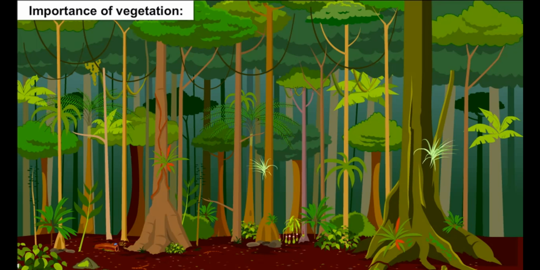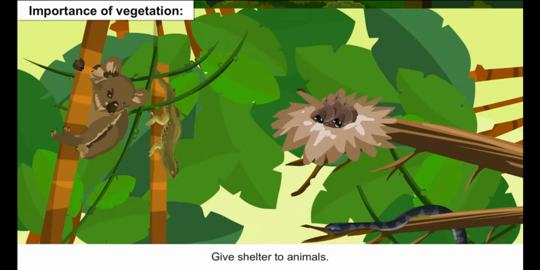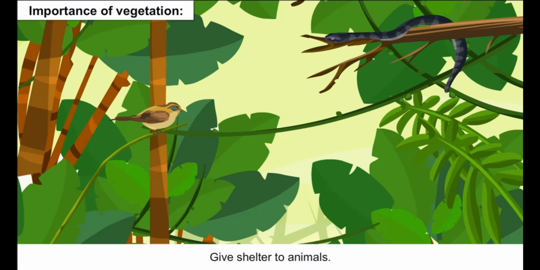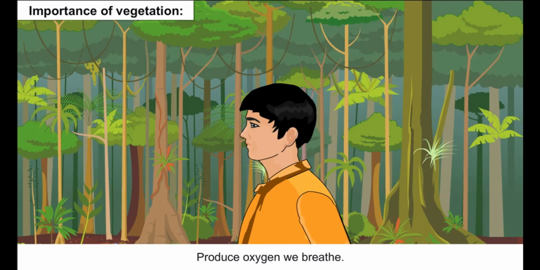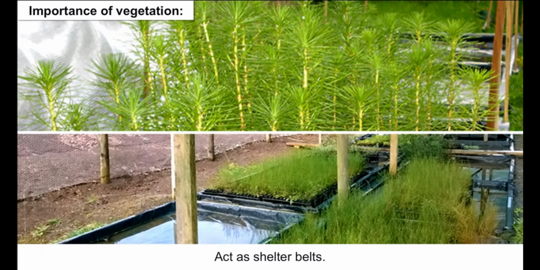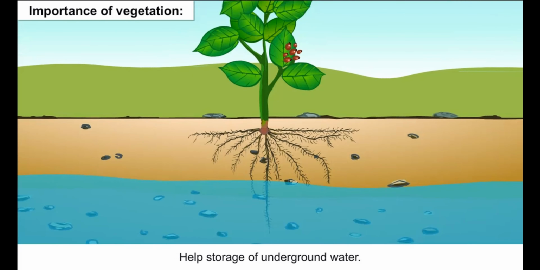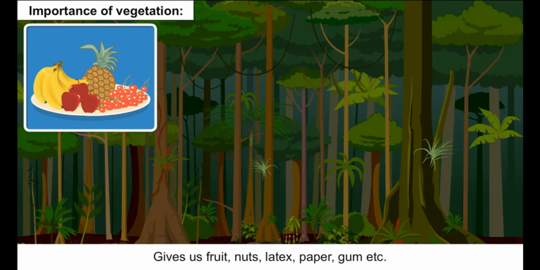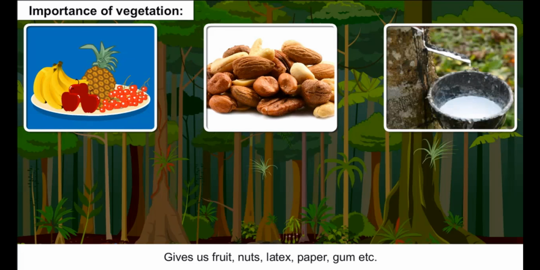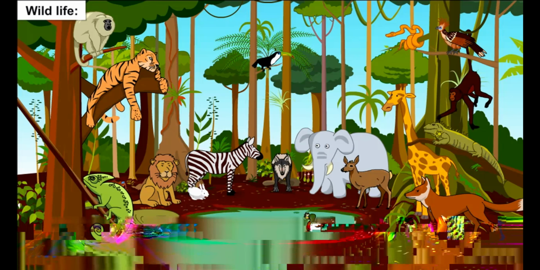Importance of vegetation. Plants provide us timber, give shelter to animals, produce oxygen we breathe, protect soil, act as shelter belts, help storage of underground water, and give us fruit, nuts, latex, paper, gum, etc. Wildlife.